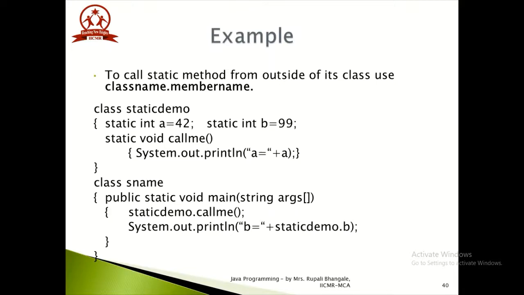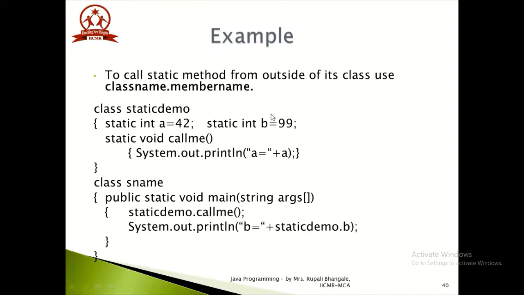Now just observe the code part. Whenever you have created this call me as a static method, it doesn't wait for object creation. The static method can be called with the use of your class name. So this is how you can call the class name dot member name.